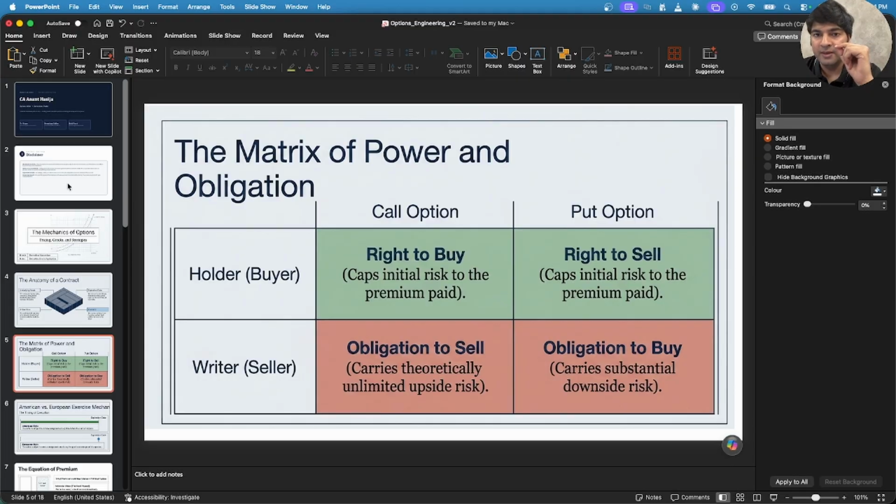It gives the right to buy, and it caps the risk at the amount paid. For example, for 23,700 I quoted the price as 50 INR. Once you pay this 50 INR multiplied by the lot size, for example 65 for Nifty, that is 65 into 50, the amount that you pay is the only risk that you hold. So the buyer of a call option only has that risk.